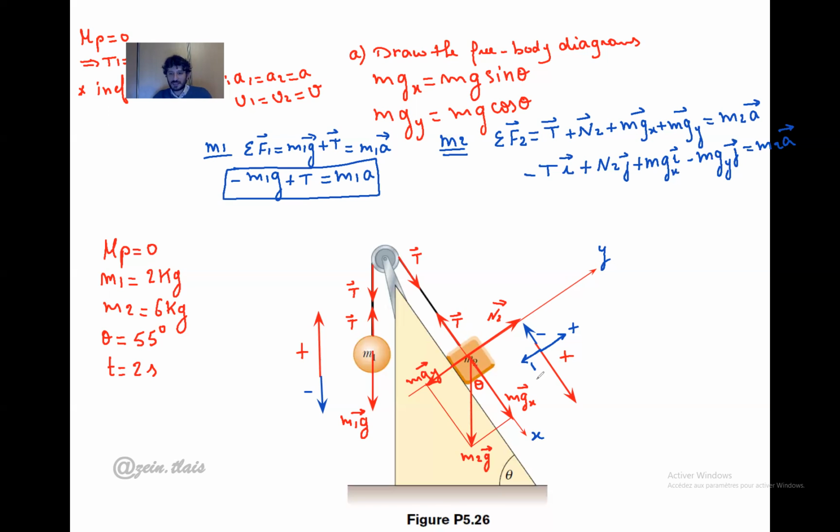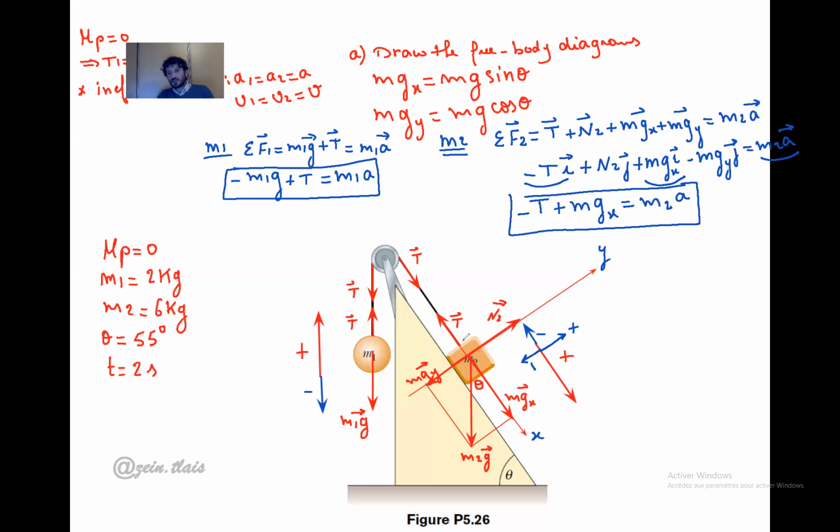Okay, now I need to calculate T and A. So we take I, and A in the direction of I, okay? A equals AX here. Here, A equals AX. We can say A. So minus T plus MGX equals M2A. Okay?